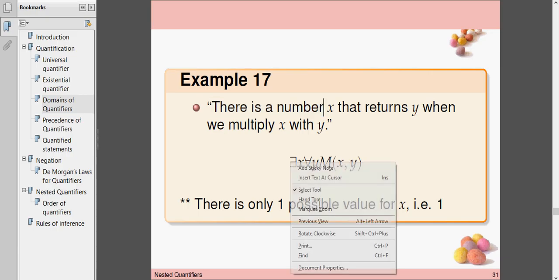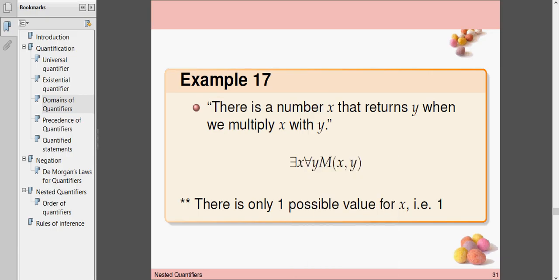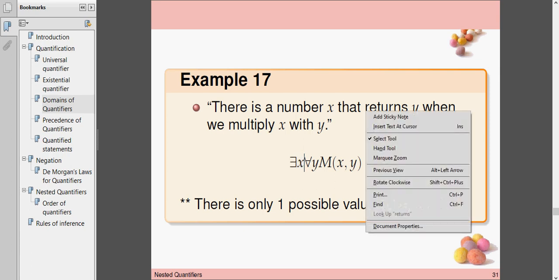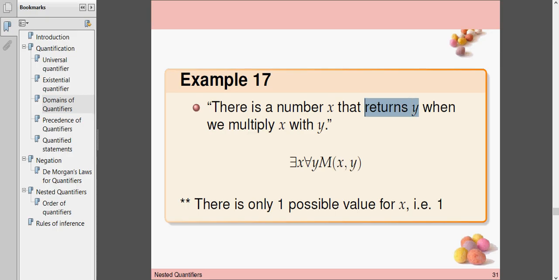That means I will use exists X. So there is X in this domain that retains Y when we multiply X with Y. So for all Y, for all returns Y, we should have X and Y. So here for all Y, I should have M(X,Y).